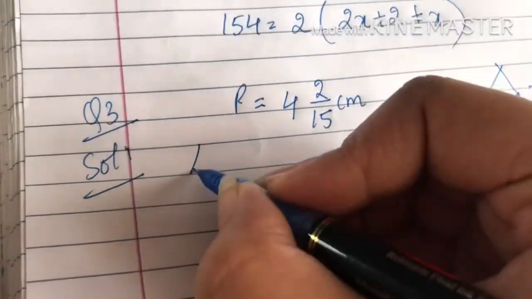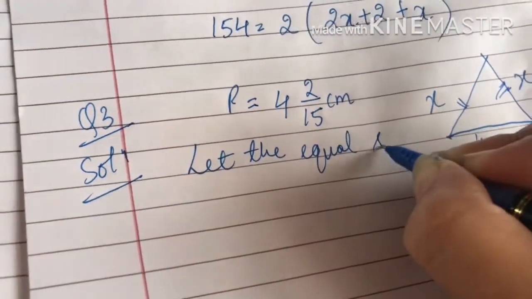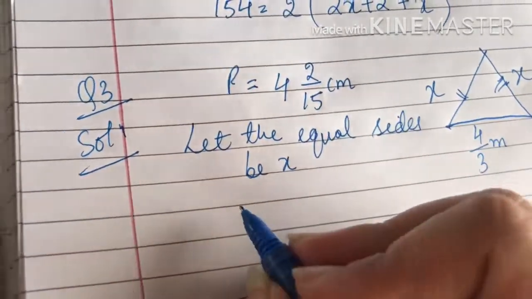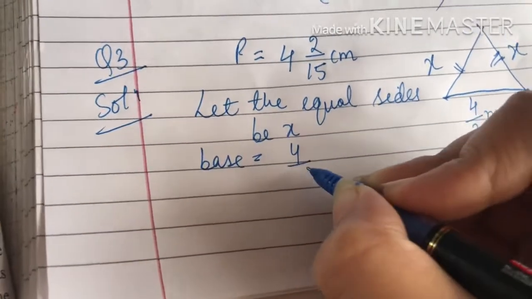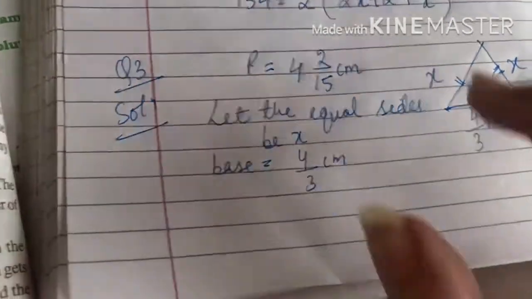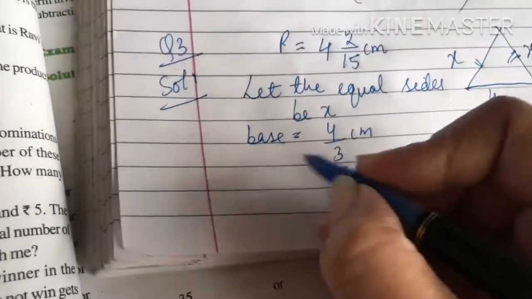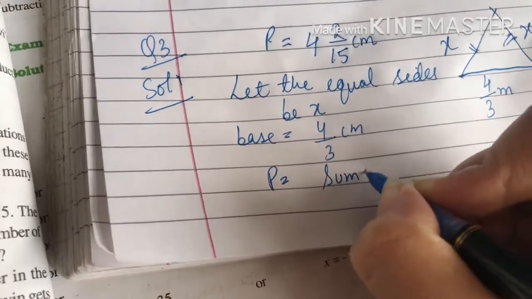Let the equal sides be x. Base is already given to us, 4 by 3 centimeter. Now how can we arrange this information in a proper manner? We know that the perimeter is the sum of all sides.